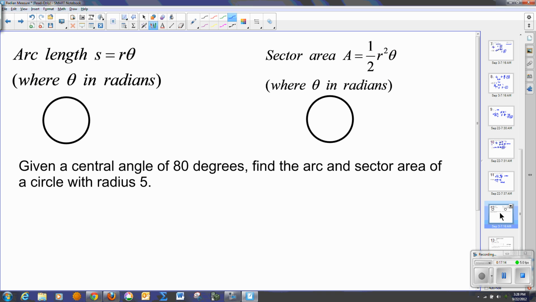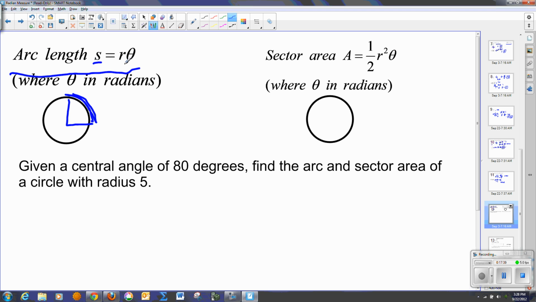Now, these next two ideas, you're pretty much going to have to memorize the formula because they're all formula driven. If we want to find the arc length, which is known as S, of some circle, that means we're finding the length of this exterior part of the circle.